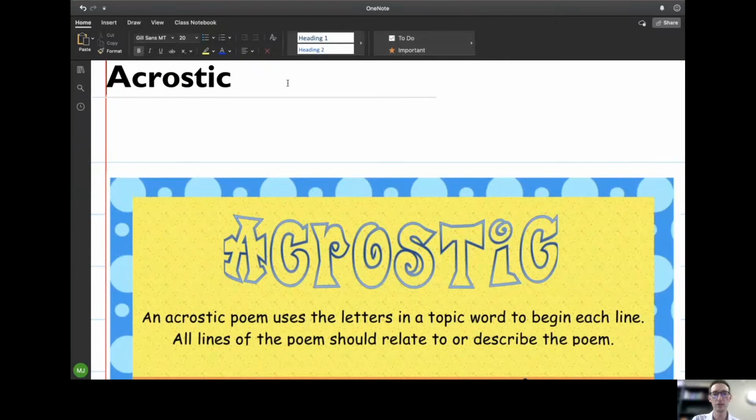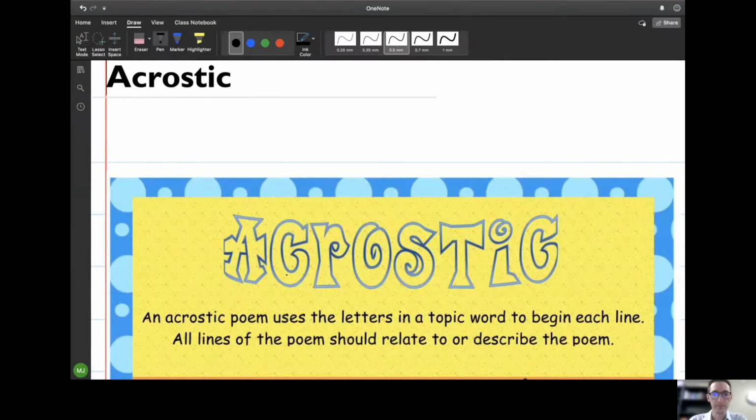Here is the acrostic. An acrostic poem uses the letters in a topic word to begin each line. So you have to come up with some kind of topic word, and it's best to have a single one, perhaps two words, and each of the individual letters in that word or words begin some kind of description of whatever the subject is.